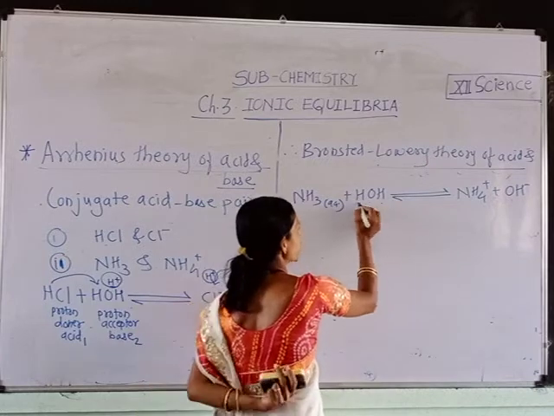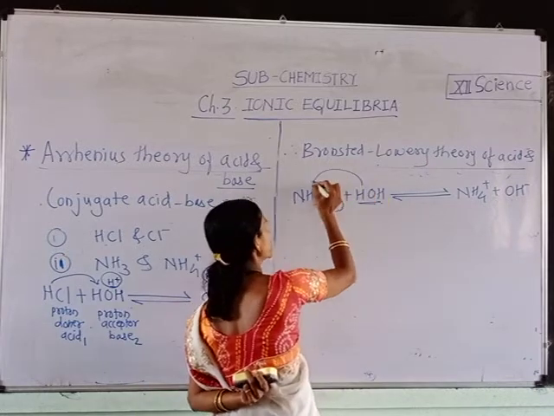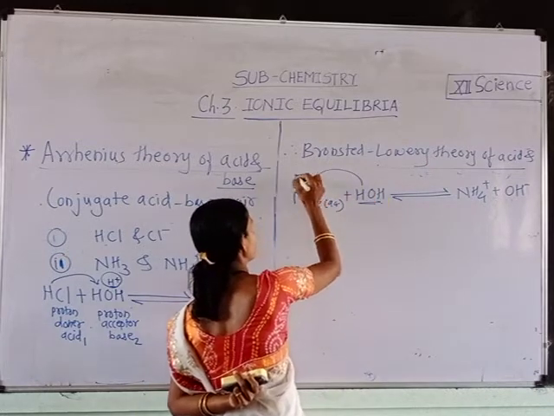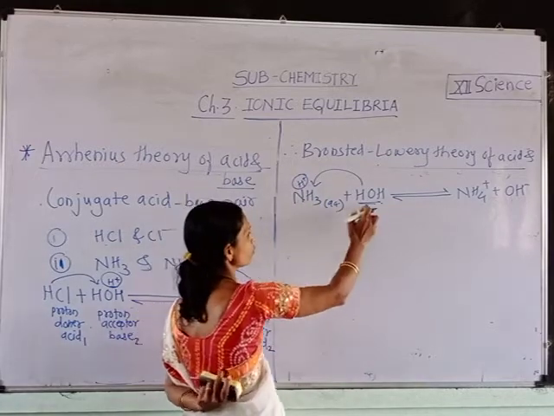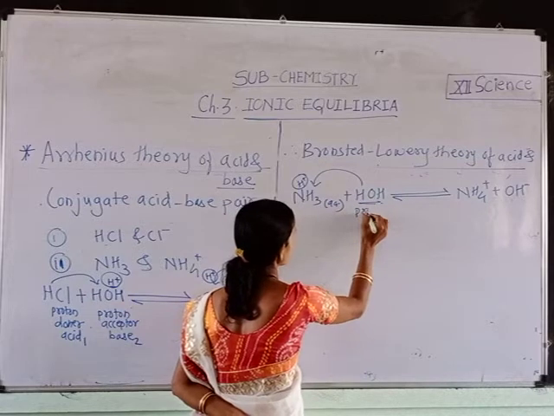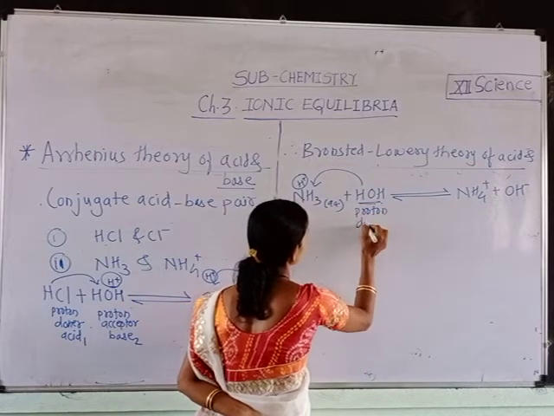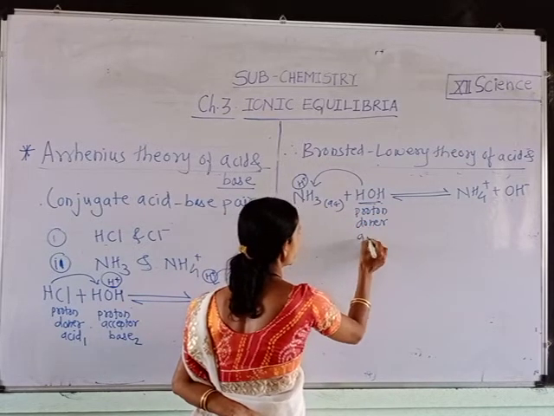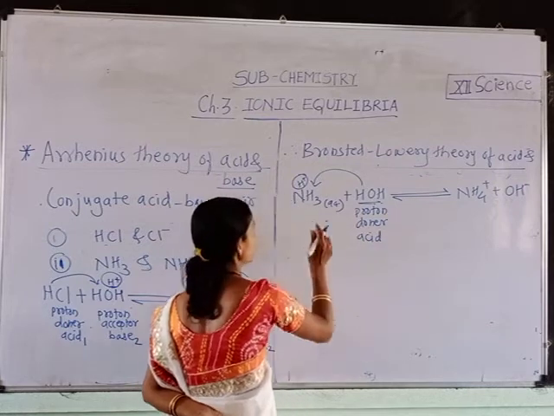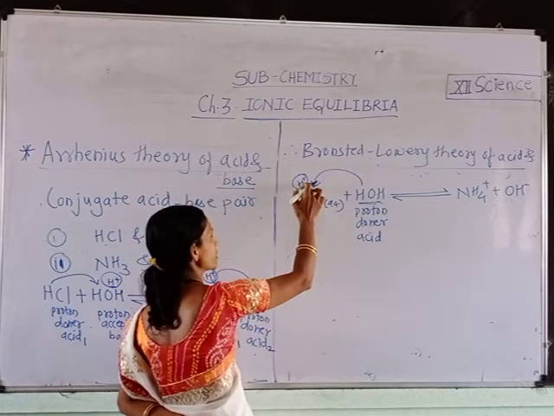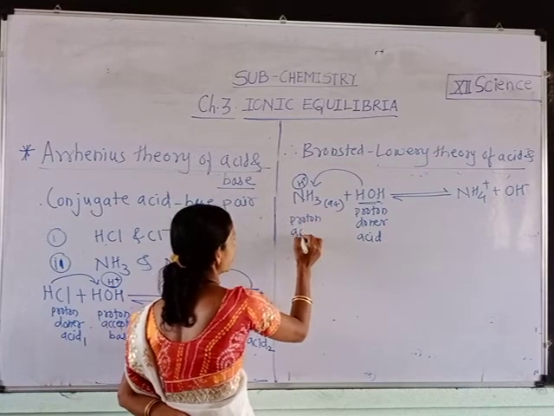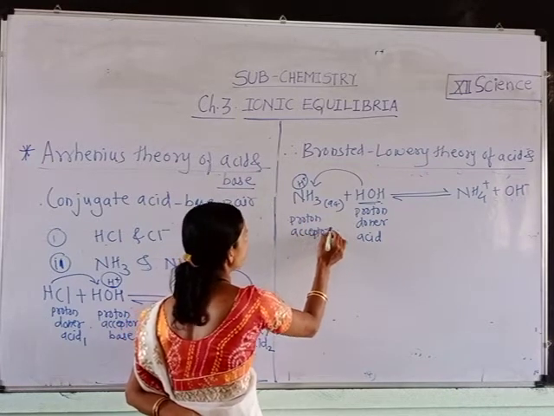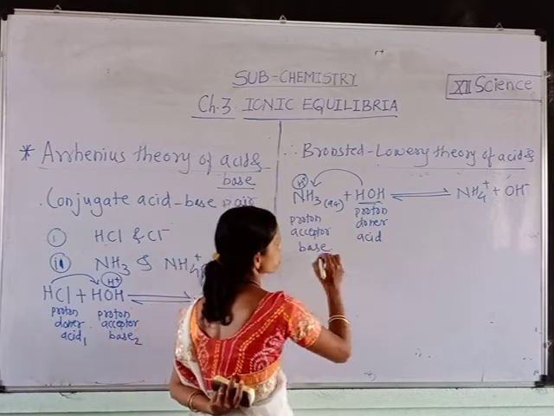Here water donates H plus ion, that is a proton, to the ammonia, and ammonia accepts it from water, therefore water is a proton donor, therefore it is an acid, and NH3 accepts H plus ion, therefore it is a proton acceptor, therefore it is a base.